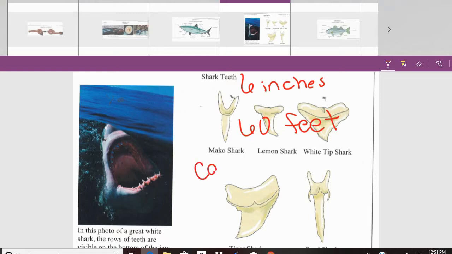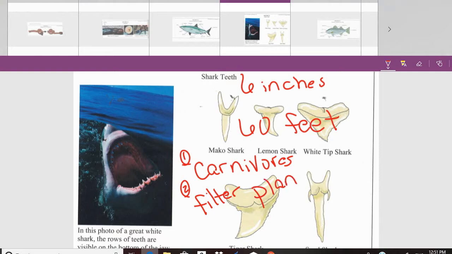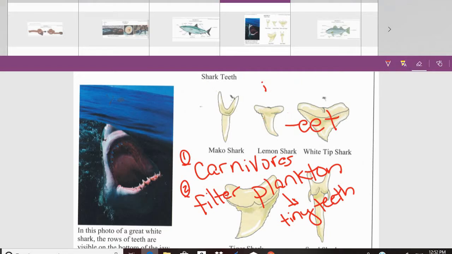Remember, plankton is from kingdom Protista. The ones that filter plankton would have really, really tiny teeth, because they're not relying on their teeth for tearing into their prey. So most are carnivores, but not all are carnivores.